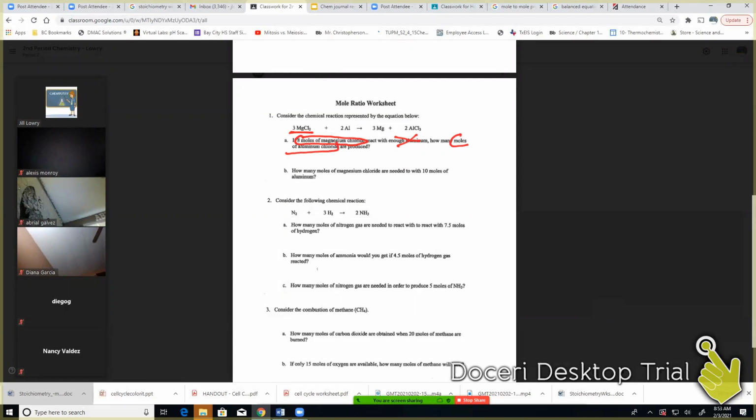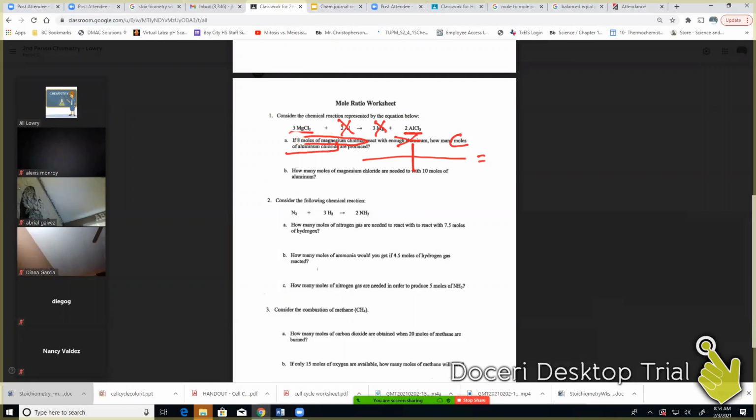So here's my aluminum chloride. Out of that 1, 2, 3, 4, I'm only using the 2 that I have underlined, and I'm going to scratch out the other 2. All right, it's given to me in moles and I want to convert to moles, so 2 boxes.